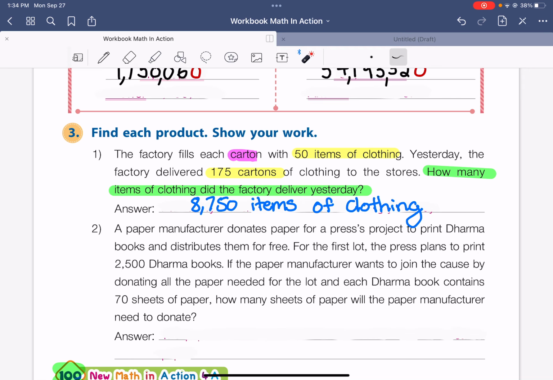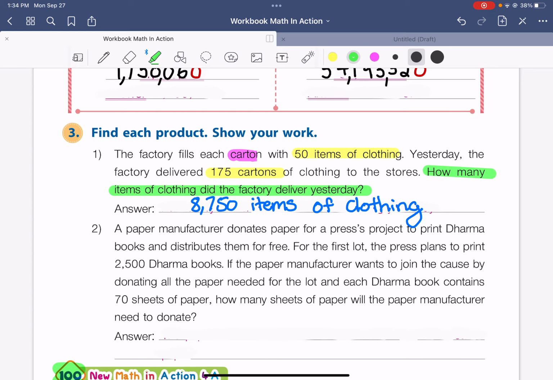Right? So, we're going to take a look at how many sheets of paper. Let's take a look. So, we have 2,500 Dharma books, and each book contains 70 sheets of paper.